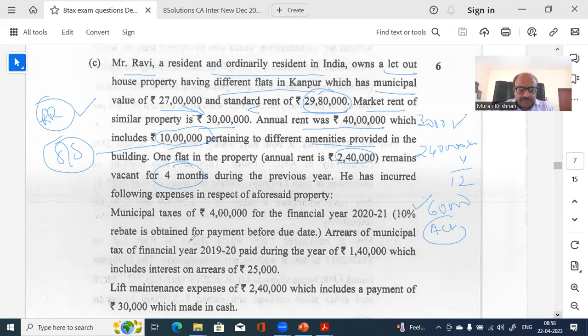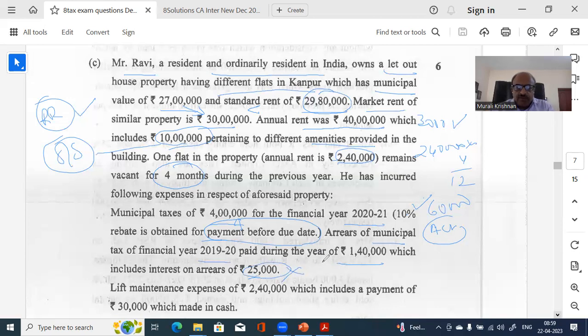Anything else to be deducted? Municipal taxes, 10% rebate. Vacancy only has been given, nothing else. Now, municipal tax is 4 lakhs for financial year 2021, and 10% rebate is on. Obviously, when a rebate is available, you have to reduce the rebate, only the balance can be claimed because he has not paid it. Arrears of municipal tax of 1920, which has been paid during the year, is 1 lakh 40,000, out of which arrears is 25,000. Arrears will not be available.